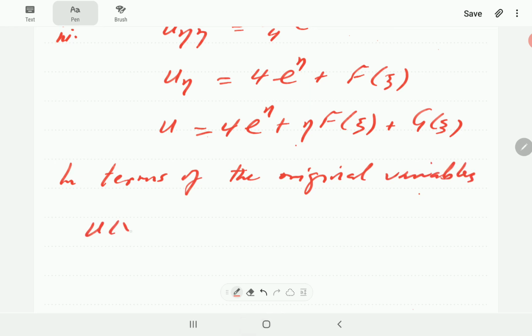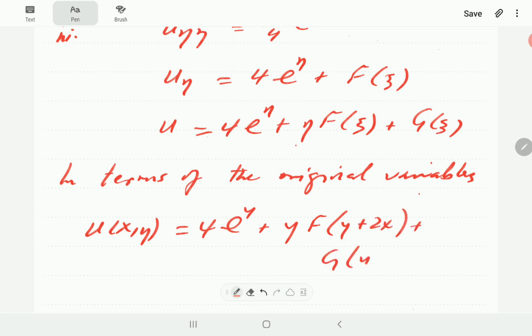The solution u of x y is 1 over 4 e to the, remember eta is y, then y here, then xi is what was xi here? Xi is y plus 2x, plus g of y plus 2x. So that is going to be our general solution.